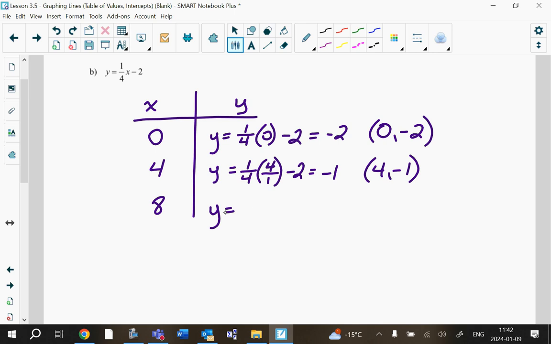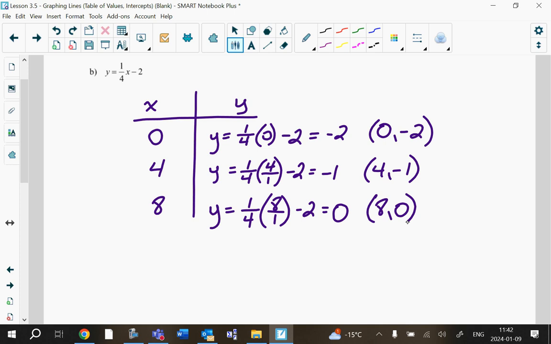So 1 over 4 times 8, or 8 over 1. Well, this gives me 8 divided by 4, right? Which is, this whole thing works out to 2, minus 2, 0. 8, 0.